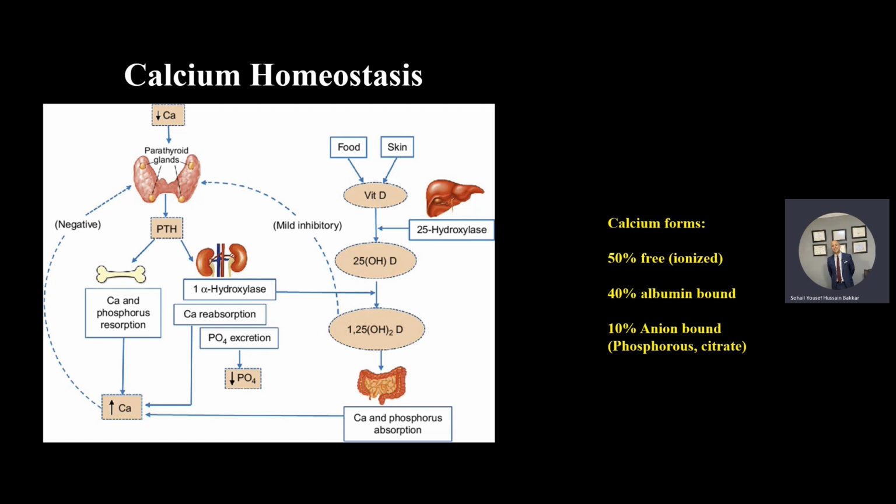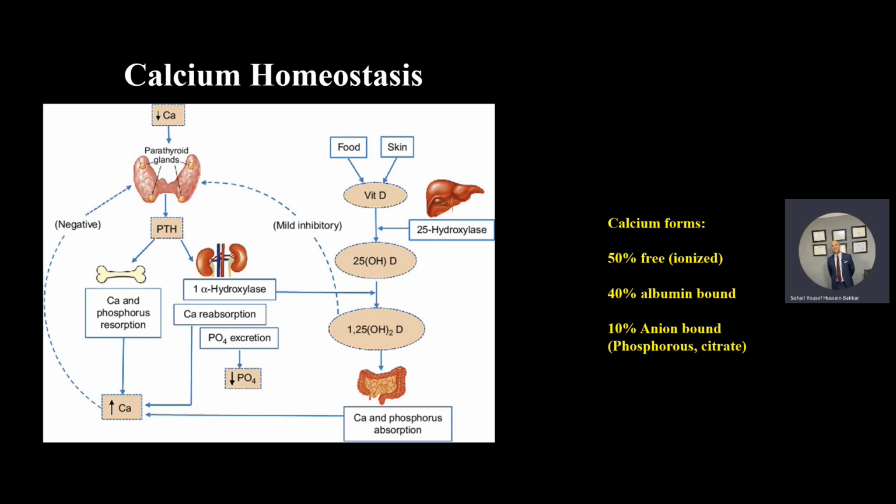And from this figure, we can easily conclude that the two major causes for low levels of serum calcium are vitamin D deficiency, because if vitamin D is deficient, then there would be no proper absorption of calcium from the intestine, or renal failure, chronic kidney disease, because if the kidney is diseased, then its enzyme, 1-alpha hydroxylase, would not be able to perform the second hydroxylation of vitamin D3 and produce the active form of vitamin D3.